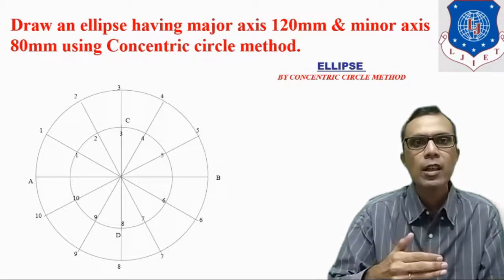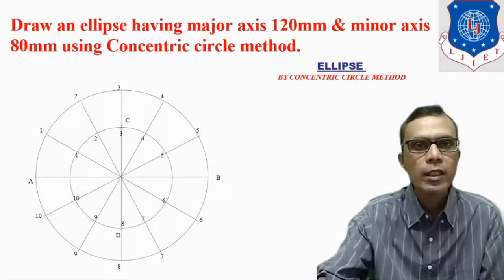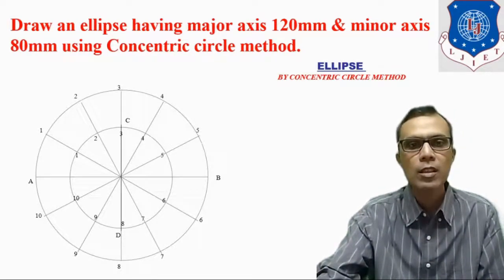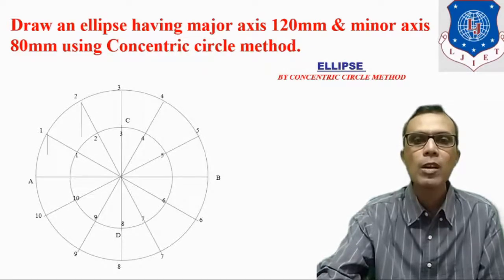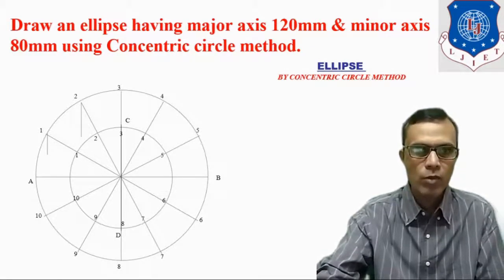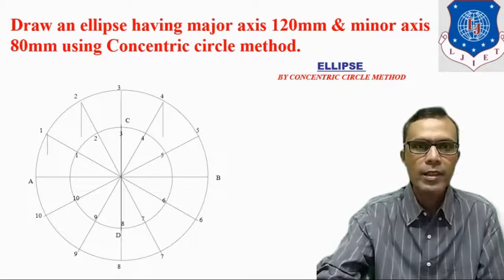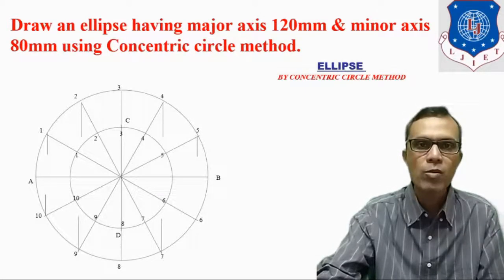For that, we now consider the division numbers of the outer circle. From each and every division number of the outer circle, we have to draw vertical lines. It is shown here how we have to draw the vertical lines.